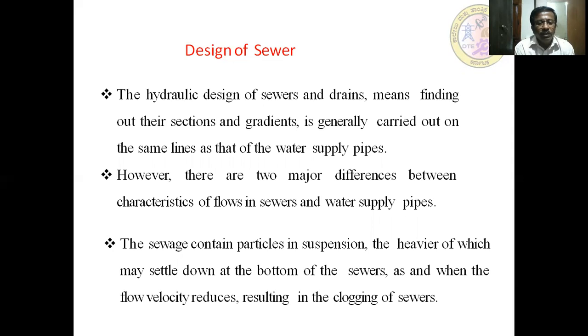When compared to the water supply pipeline, design of a sewer pipeline is somewhat complicated, since we are supposed to achieve flow in the sewer pipeline by gravitational flow only.